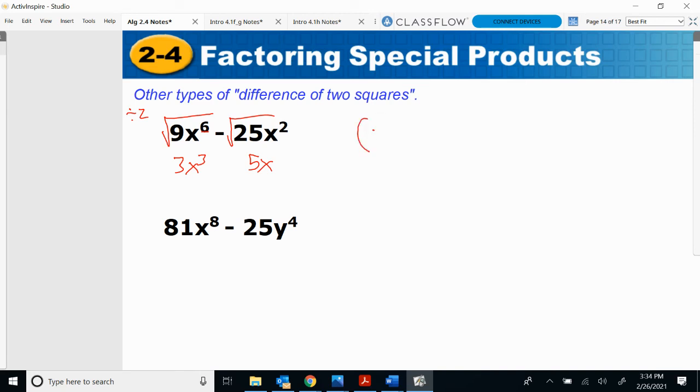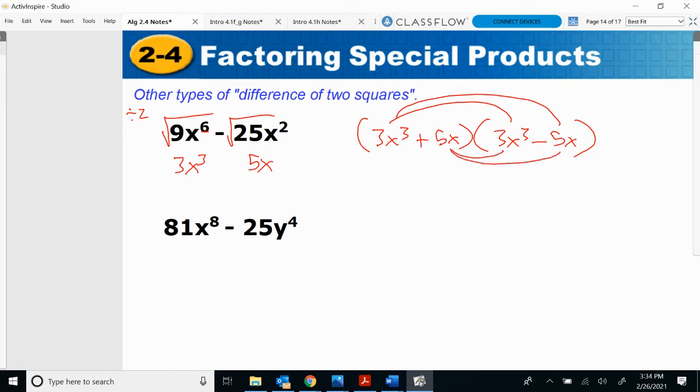It was 3x to the 3 plus 5x, and it got multiplied by 3x to the 3 minus 5x. There's our two binomials that make that answer there. If you actually did some FOILing with them, I'm not going to do that up here, but if you did, you would end up with that answer there. You could check it if you want to, if you don't have anything else better to do.